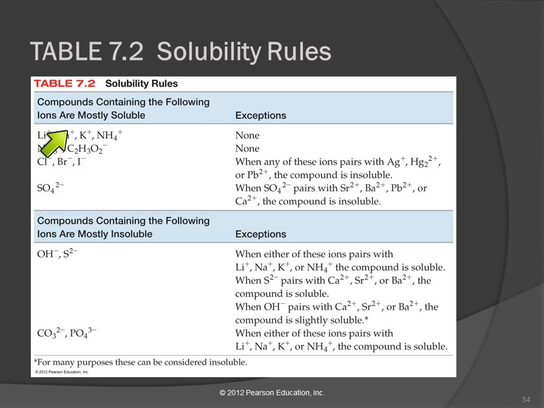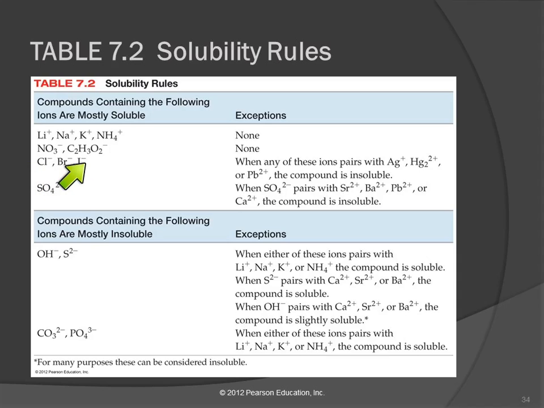So lithium, sodium, potassium, ammonium. Compounds containing those ions are generally soluble, no exceptions. Compounds containing nitrate and acetate ions are soluble, no exceptions. They really should have lines on this table.